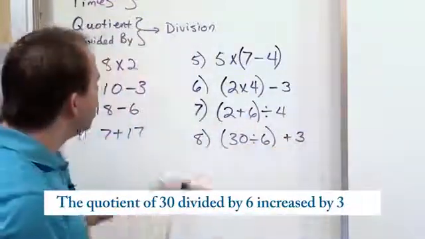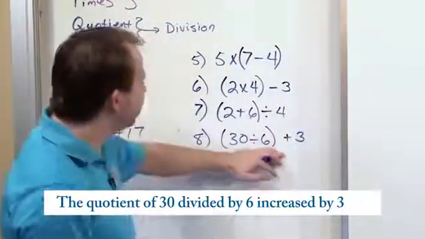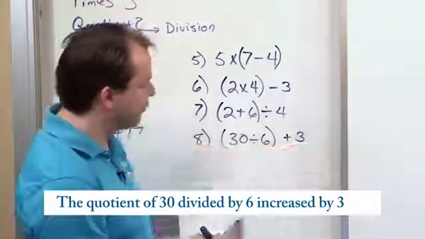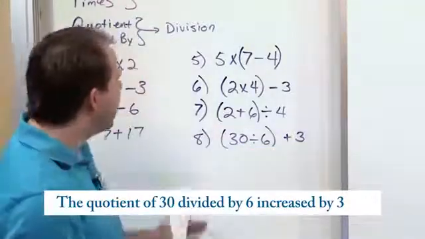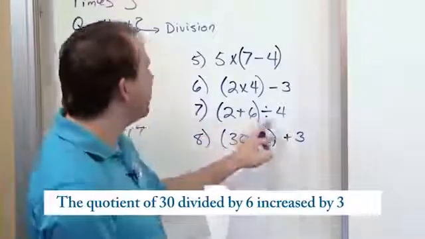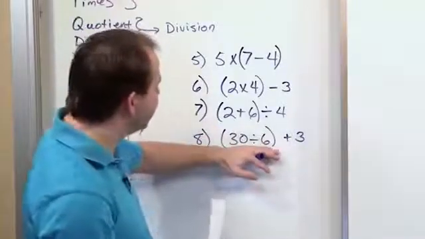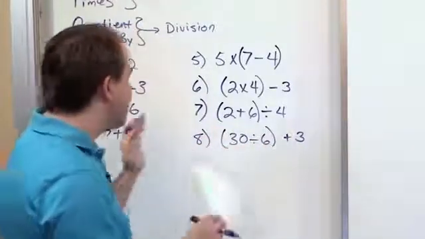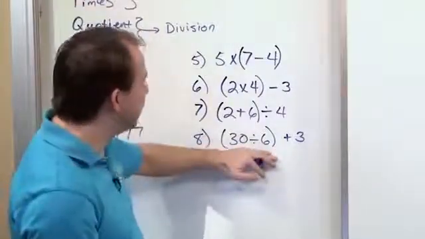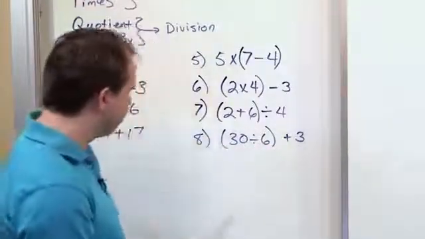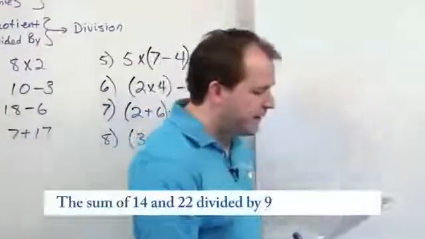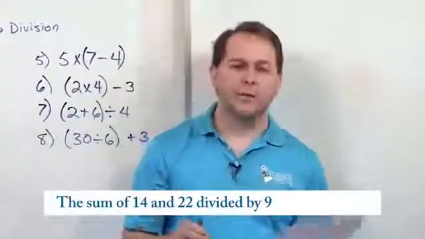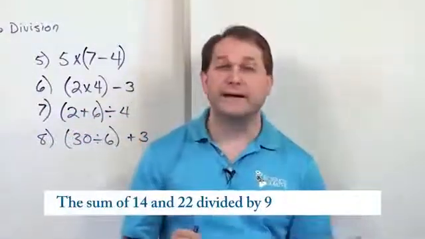Okay? We want to make sure and do the division first, then we're increasing the result by 3. Now, again, in this particular case, even without the parentheses, we would have to do the division first, but adding the parentheses here makes sure that everybody reads it, knows that this has to be done first before we add the 3.